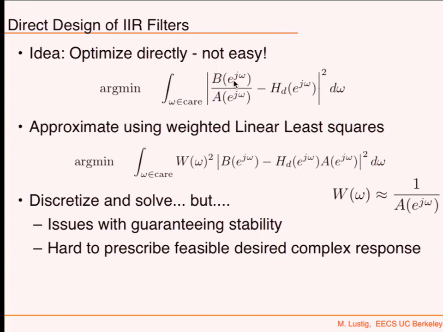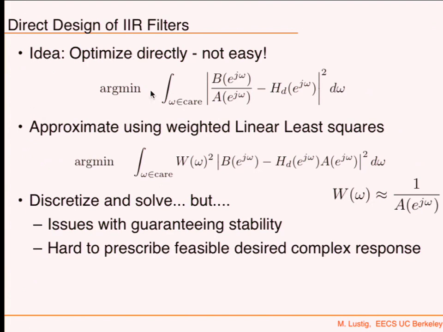And we would like that to be as close to a desired response. We'd like to do this matching over a certain region that we care about in some measure, for example, a least squares or minimum square error measure. This is one of the options.